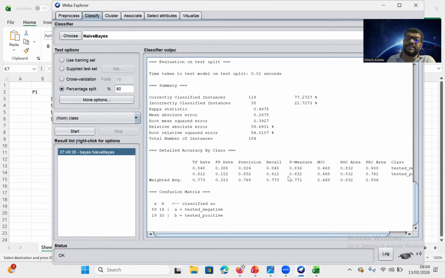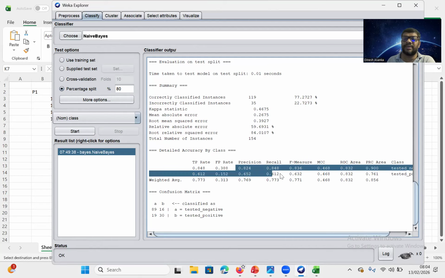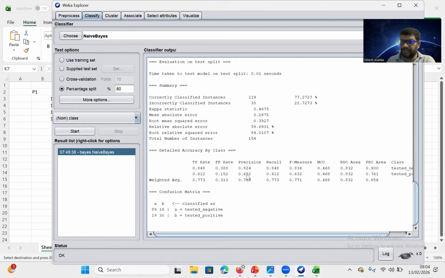Right. F1 measure is basically the harmonic mean of precision and recall. I'm not going to discuss how you calculate it. There is a special calculation for harmonic mean. You can go through the extra reading and find it out. It's a simple calculation, and there are also Excel formulas available for harmonic mean.